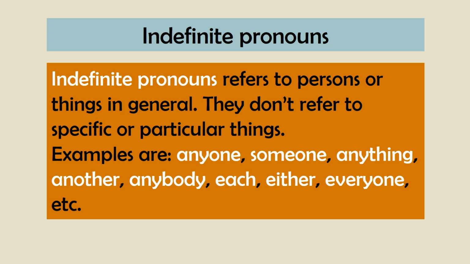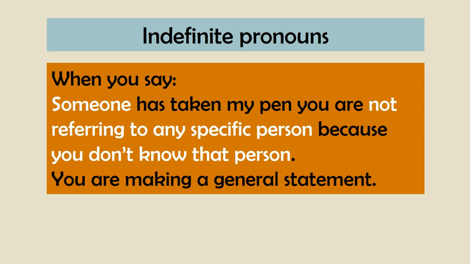Examples are anyone, someone, anything, another, anybody, each, either, everyone, and many more. When you say someone has taken my pen, you are not referring to any specific person because you don't know the person who took your pen. You are making a general statement.